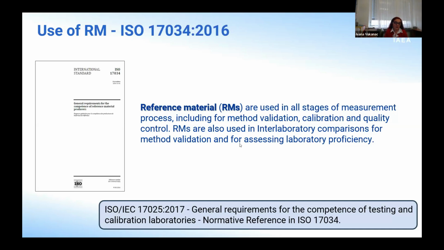So this is quite general, and how reference material should be used is given in more detail in another ISO standard, 17025, which gives the general requirements for the competence of testing and calibration laboratories. This is a kind of normative reference in ISO 17034, and I believe that many of you are familiar with this standard.